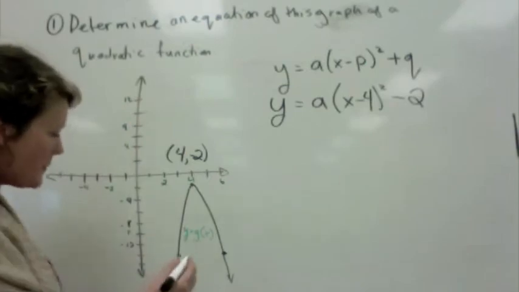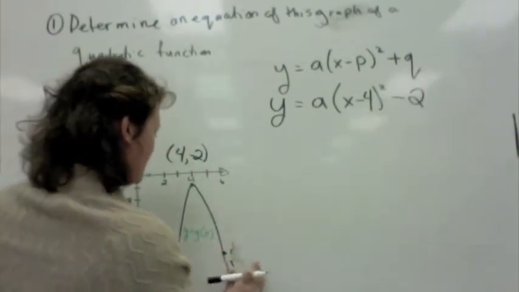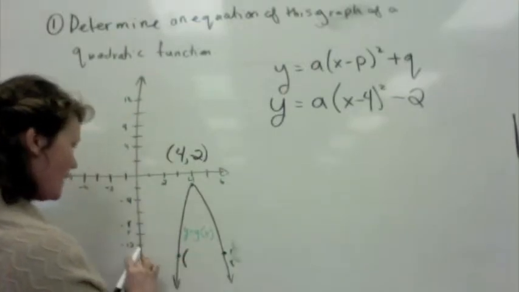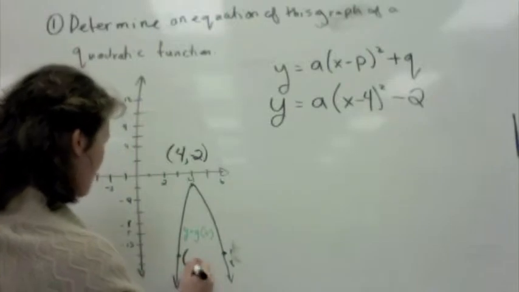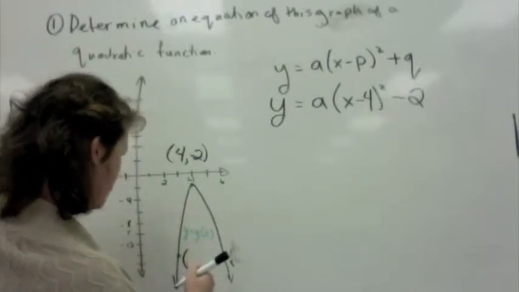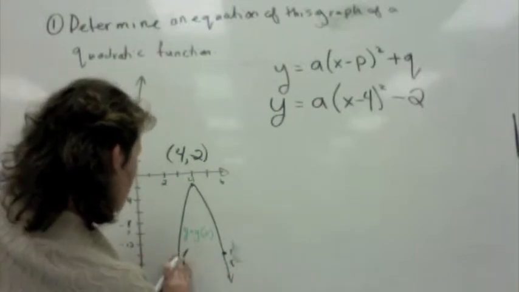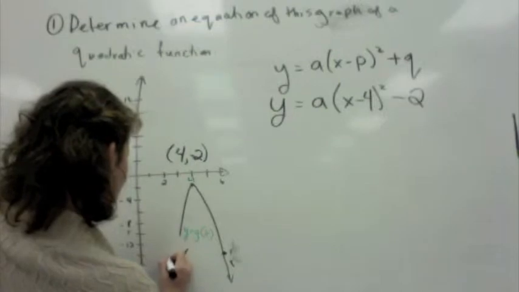All right, so I'm going to pick another point here. Actually, do you know what? Let's not do this one. Let's do this one. This one's nicer. Oh shoot, I drew this a little bit off. What I actually wanted this to do is go here.